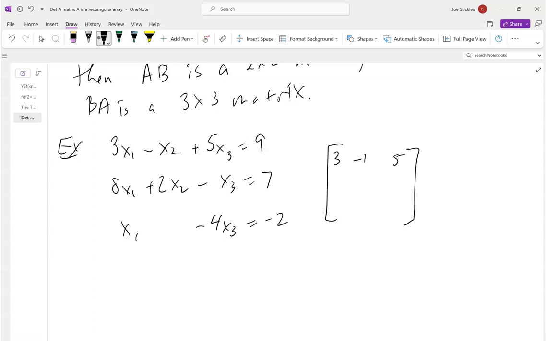So I've got 3, negative 1, 5 as our coefficients in the first equation. I've got 8, 2, negative 1 as our coefficients in the second one. 1, 0, negative 4 is the third one. And our constants on the right-hand side, 9, 7, negative 2, we'll write as a column.